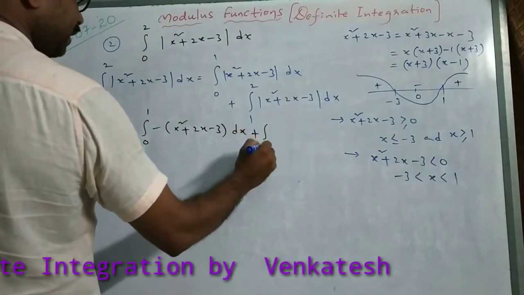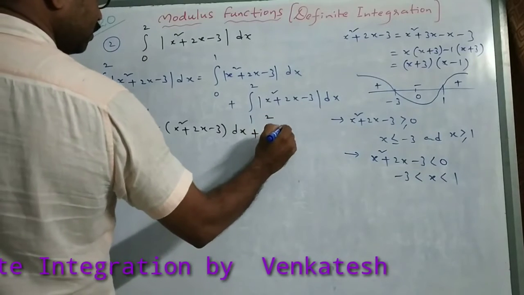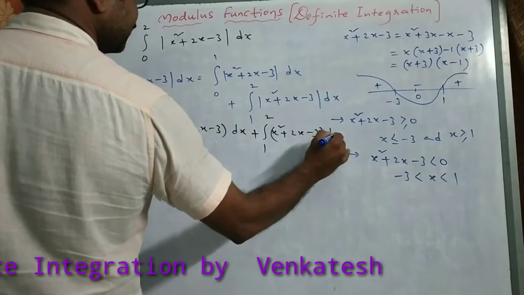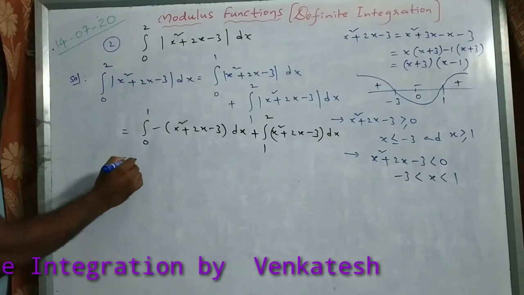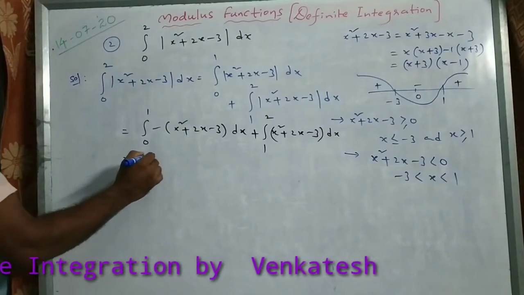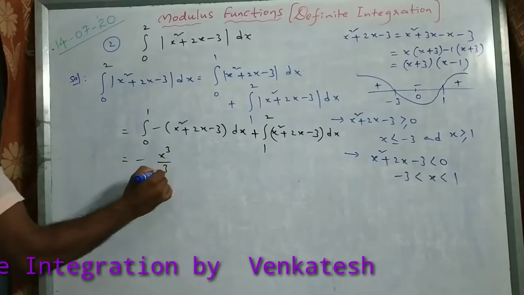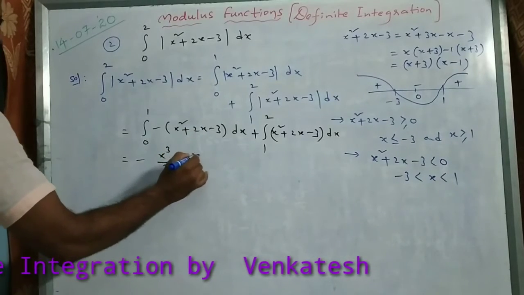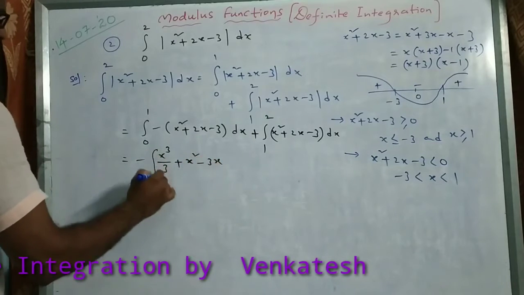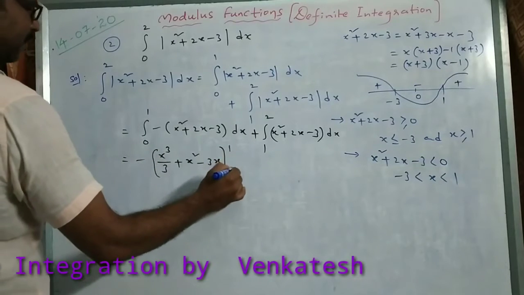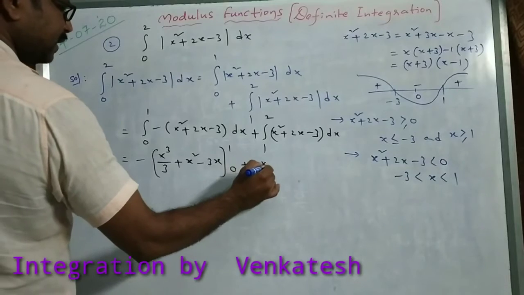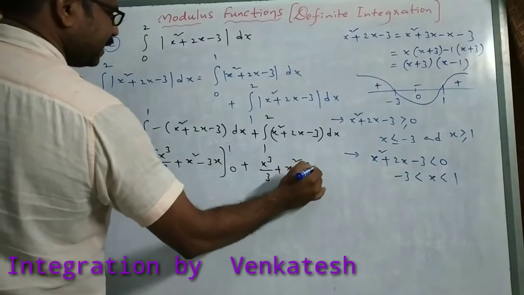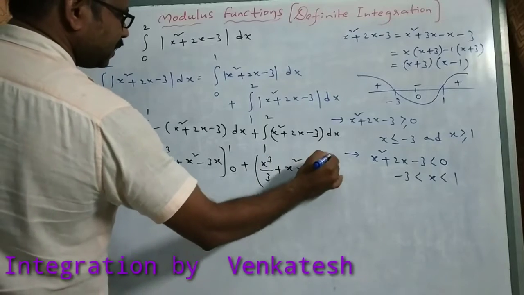So integral 1 to 2 x square plus 2x minus 3 dx. So minus of integration: x cube by 3, x square by 2, 2 gets cancelled, x square, 3x, limits are from 1 to 0. Plus x cube by 3 plus x square minus 3x, limits are 2, 1.